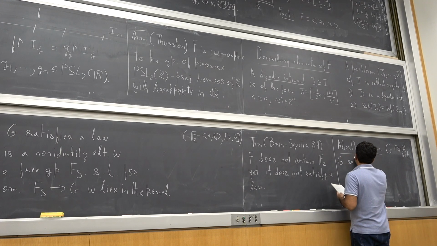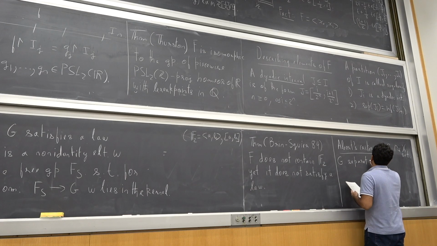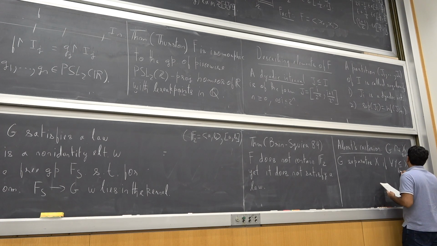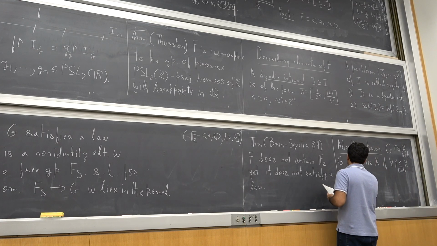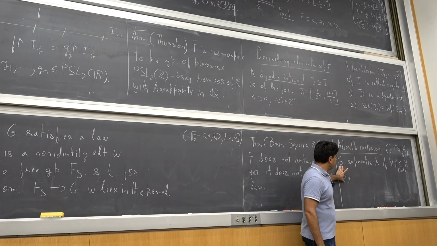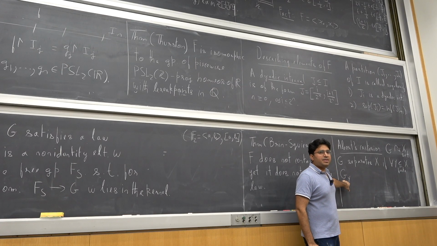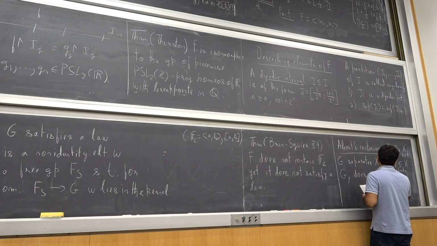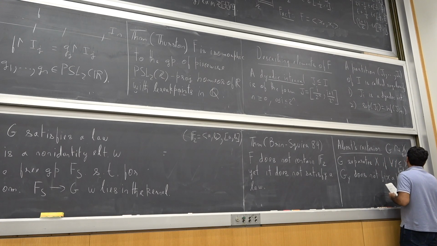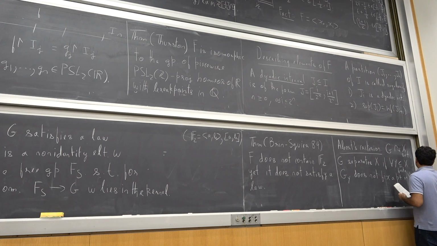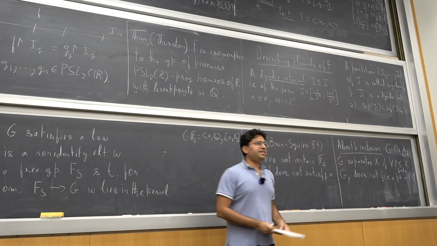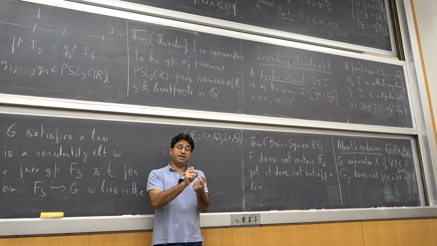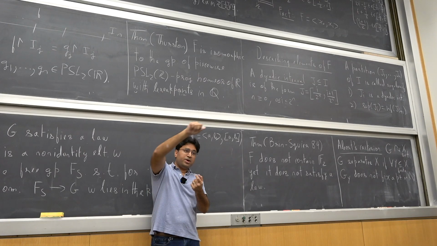G is said to separate X if the following holds: for all finite subsets Y of X, the pointwise stabilizer of Y in G, so this is the set of elements in G which fix every point in Y, and this is a subgroup, does not fix a point in the complement, X minus Y. So if I take a finite set Y in X, then the set of elements that fix that set pointwise, which is a subgroup, will move every point in the complement.